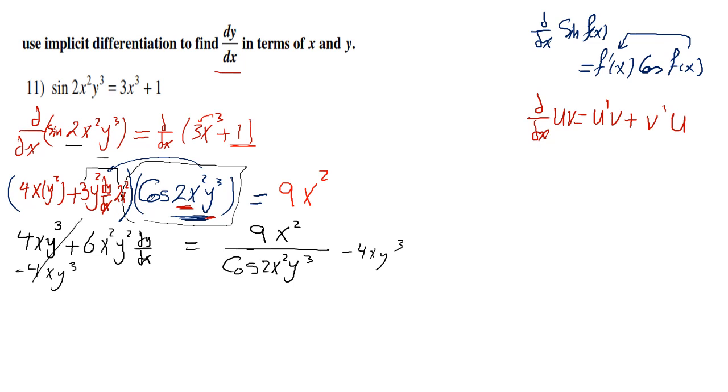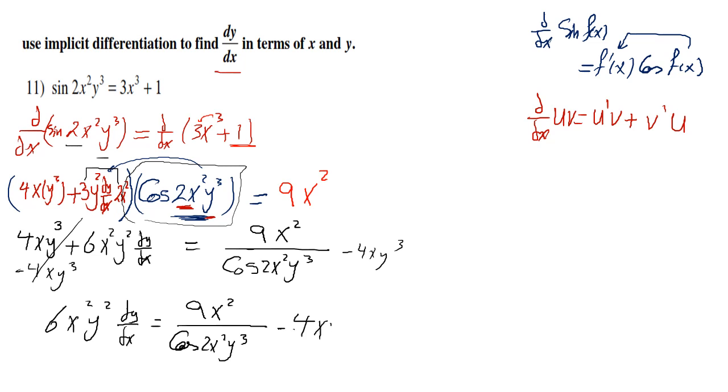so it's going to be 6x squared y to the power of 2 dy by dx is equal to 9x squared divided by cosine 2x squared y power 3 minus 4xy to the power of 3.